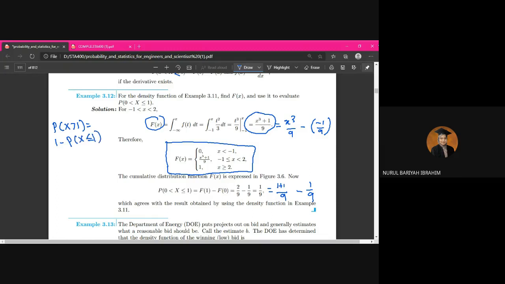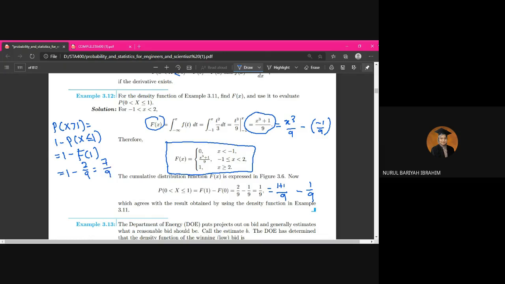Is it true? It will be 1 minus F1, right? So it's just 1 minus F1. How to get F1? Replace in this function, which is 2 over 9. So you will get 7 over 9.